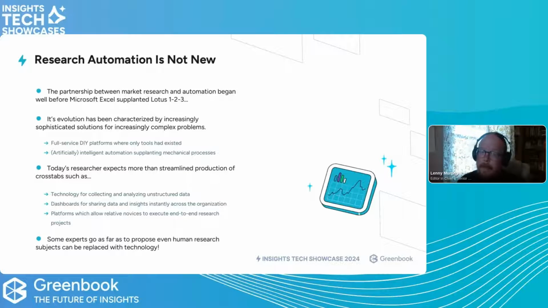And often that means things that humans have to do manually, and to make that happen in more automated processes. And we've seen that. Obviously, one of the early components was in production of crosstabs, platforms like SPSS. Then we moved into text analytics and analyzing unstructured data, dashboards for sharing data.